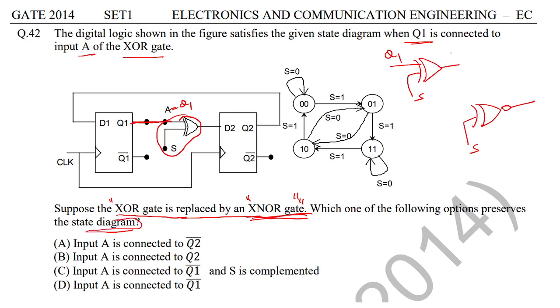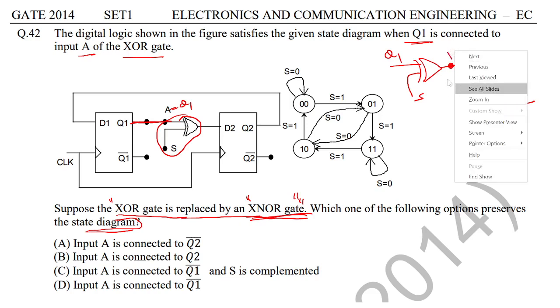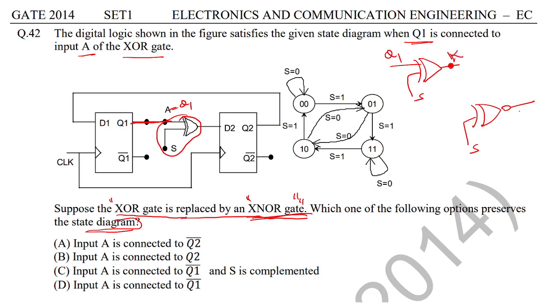That means let's say this is something called K. Now this is M. Your M should be equal to K. That's all, whatever the output is. If that is again K, then there is no change.